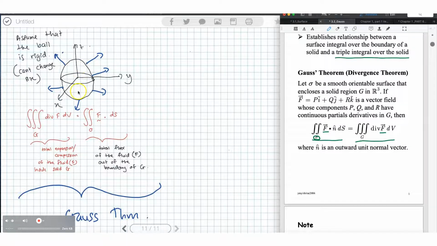So you got two surfaces that become the boundary of the solid sphere.